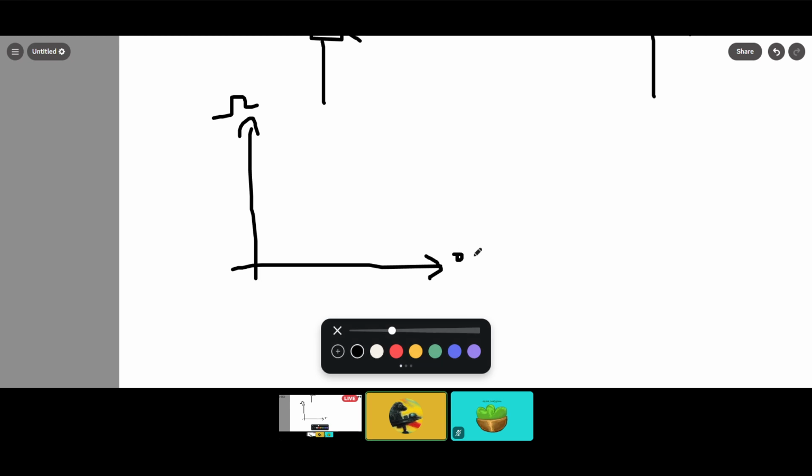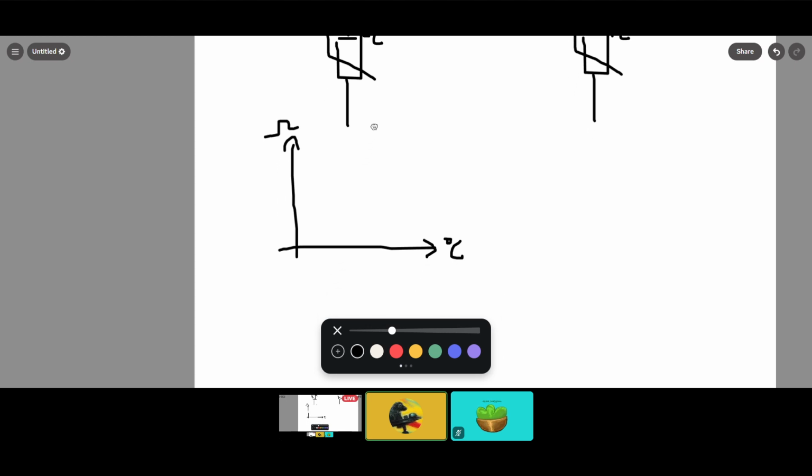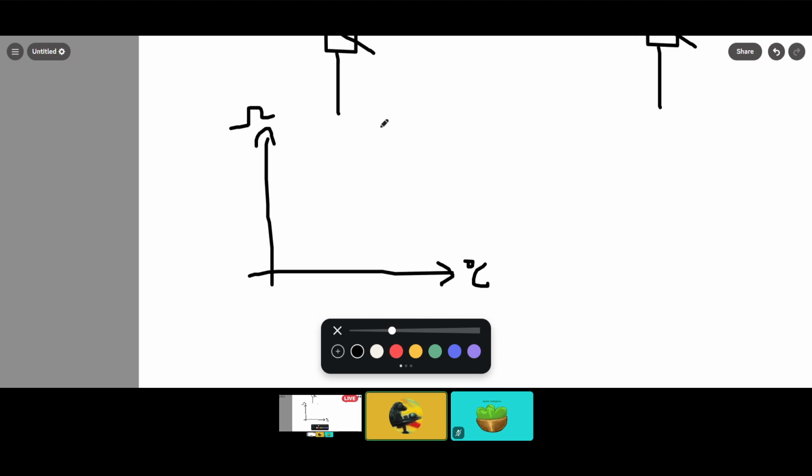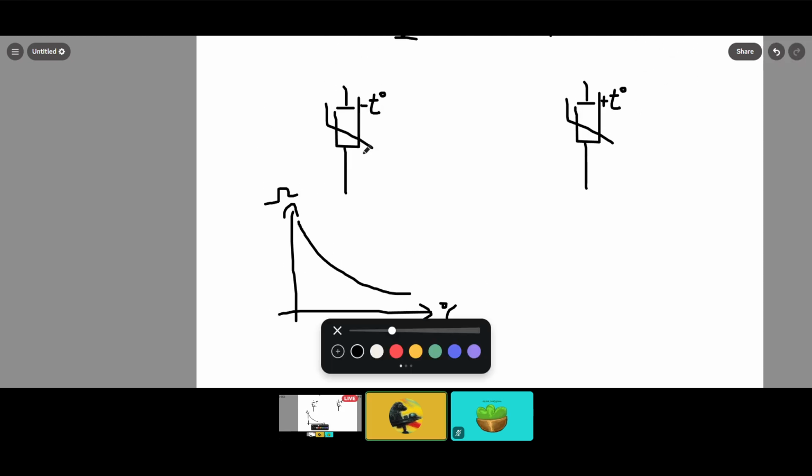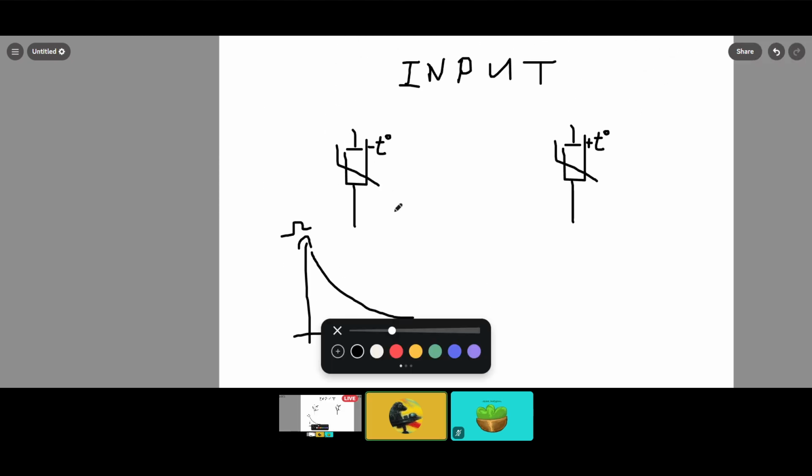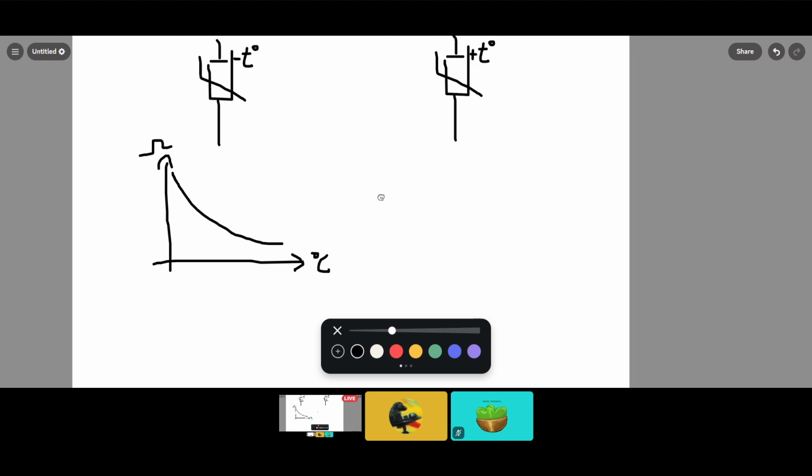Sorry, this is what a textbook wants. As temperature increases for the NTC thermistor, the resistance decreases, and you would get something like this. So the colder it is, the more resistant the thermistor is.